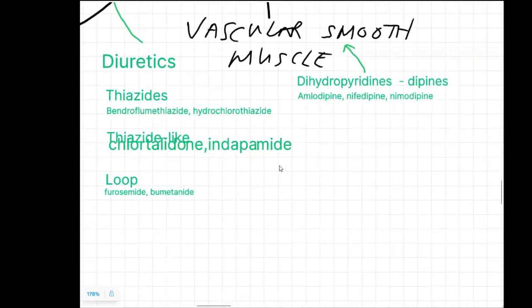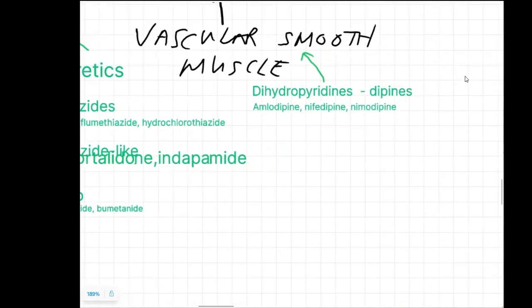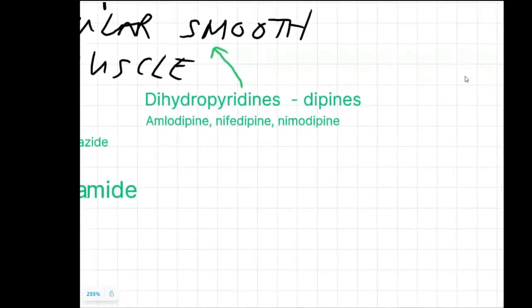Vasodilation. It's important to note that because of the mechanism of action of CCBs, they can actually cause edema. So the edema that this causes is not just dependent edema in the lower extremities. It causes swelling of the hands or the feet, and can also cause flushing, which is due to the vasodilation, and headache.